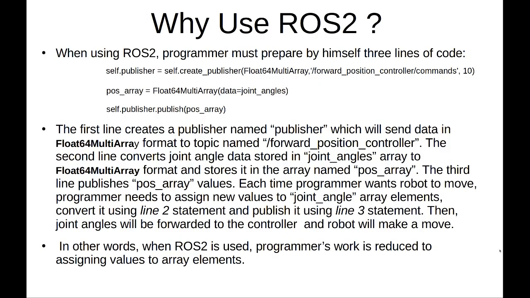Each time programmer wants robot to move, programmer needs to assign new values to joint angle array elements, convert it using line 2 statement, and publish it using line 3 statement. Then joint angles will be forwarded to the controller and robot will make a move. In other words, when ROS2 is used, programmer's work is reduced to assigning values to array elements.